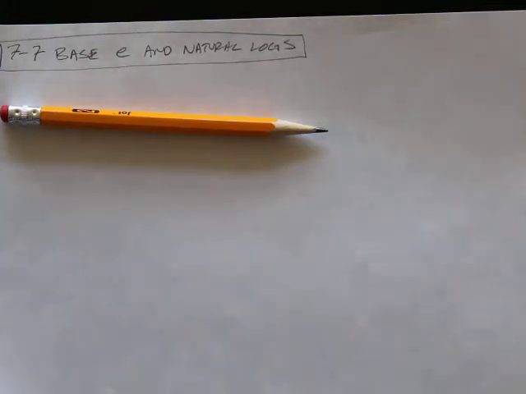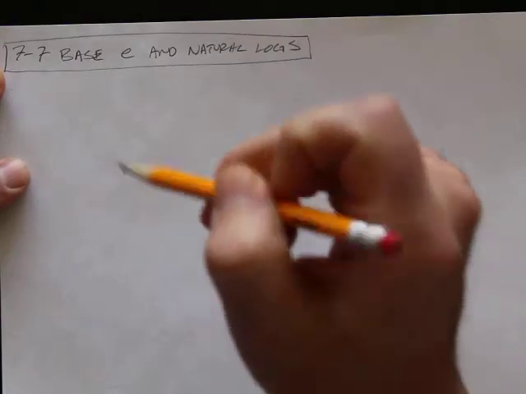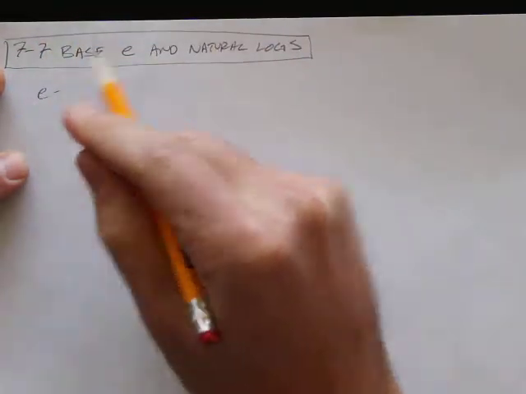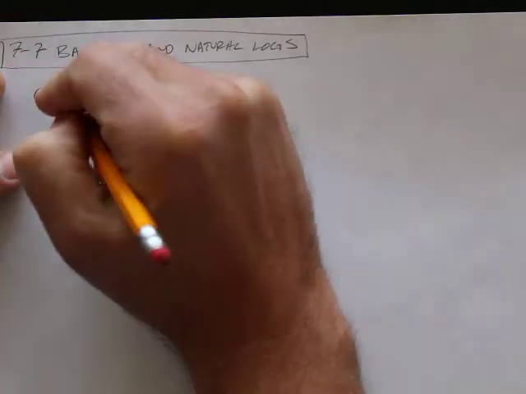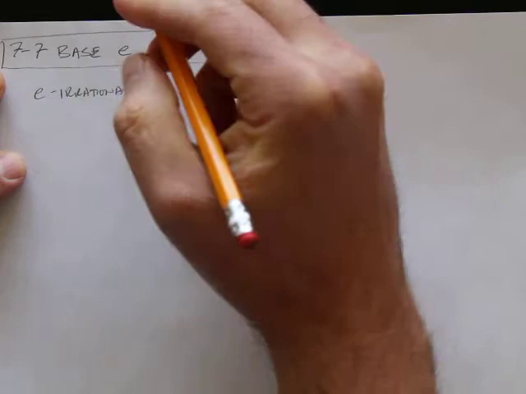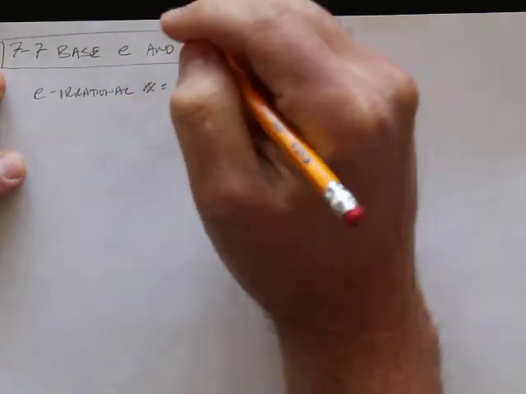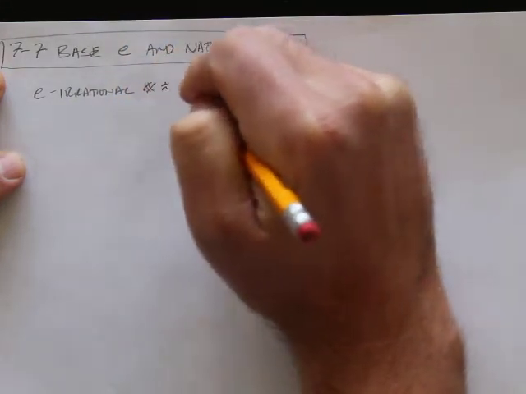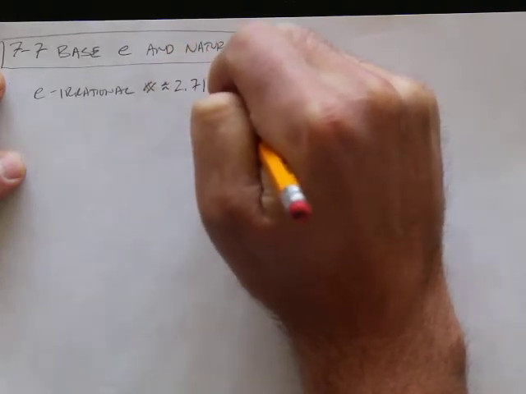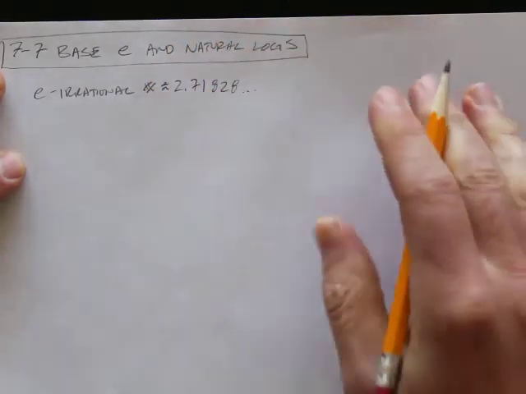Algebra 2, section 7-7, base E and natural logs. What's E? E is a letter that represents an irrational number, and it is 2.71828... It goes on.